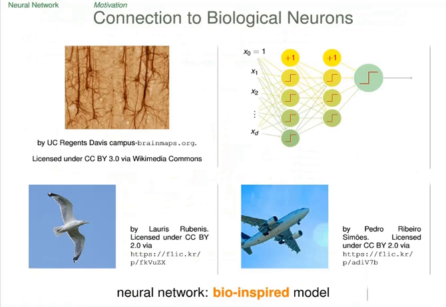Neural networks are a biologically inspired model. They were originally designed to simulate the learning process in biological organisms. For instance, the human nervous system has a layered structure which contains cells called neurons, as shown in this picture.